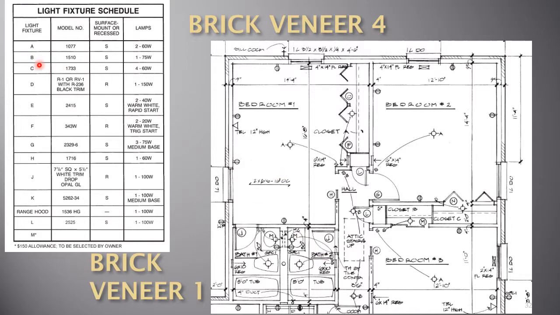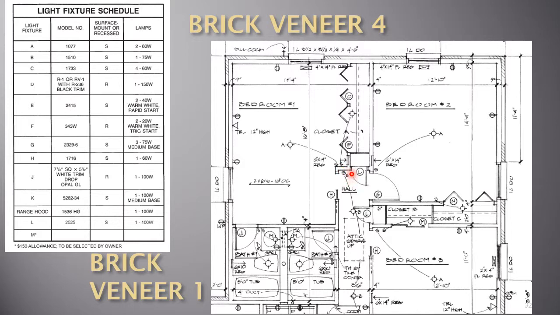We look at B, and we see B is in the hall, and that's 1 75-watt lamp, but there are 2 of them, not contained in the light fixture schedule. I would like also to draw your attention to light fixture B, showing connected to something called S sub 3 and a wire going off here.